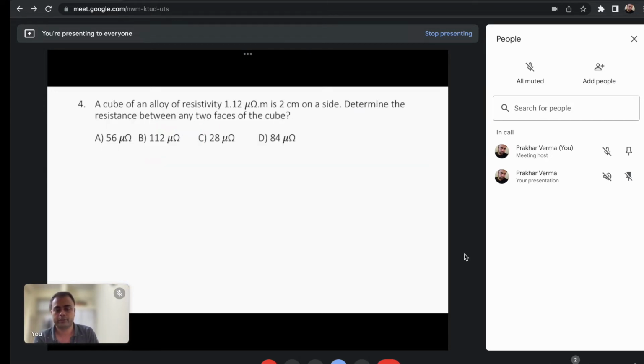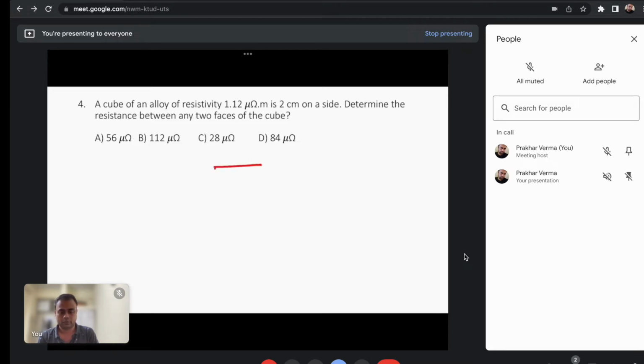So moving to question number 4. Question number 4 says a cube of an alloy of resistivity 1.12 micro ohm meter is 2 centimeter on a side. So we have an alloy, that is basically a conductor, which has a resistivity.